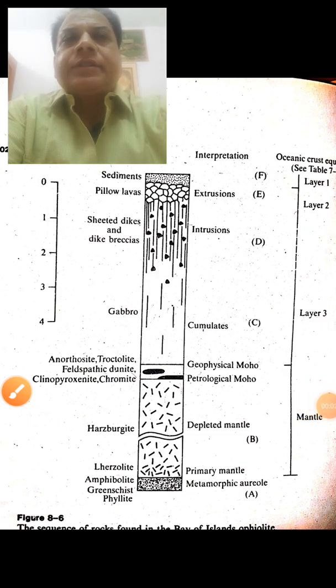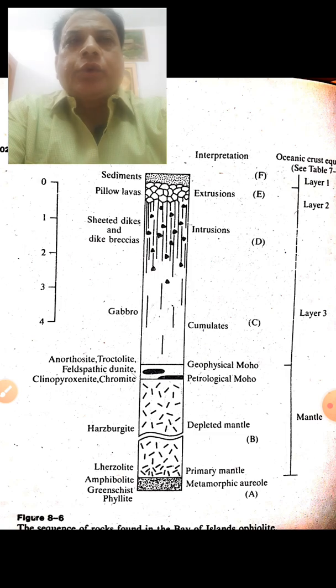Today we are going to discuss the ophiolite suites. The term ophiolite is used for a distinctive rock assemblage containing ultramafic, gabbroic, and basaltic rocks, often capped by layers of deep sea sediments.